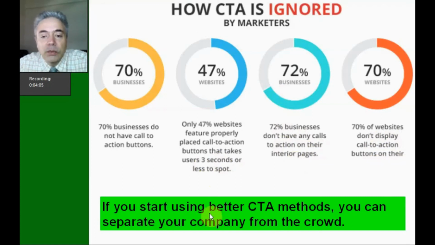So if you start using better call to action methods, you can separate your company from the crowd. So this is a great thing to do. Don't underestimate it. You may raise your sales just by putting a call to action button. It does not always have to be to buy your product. It might be other call to action buttons according to your strategy, right?